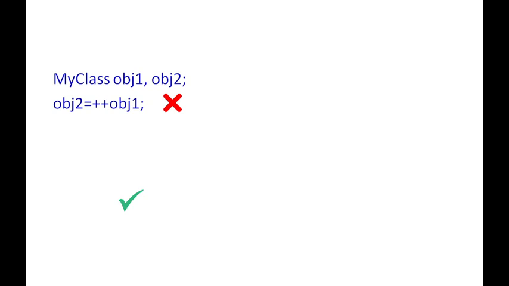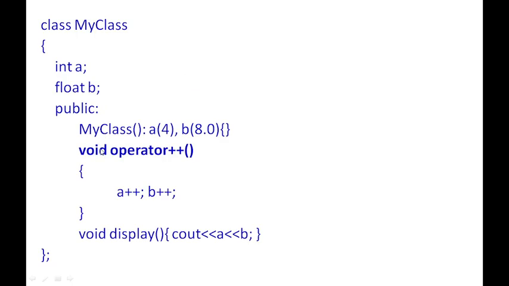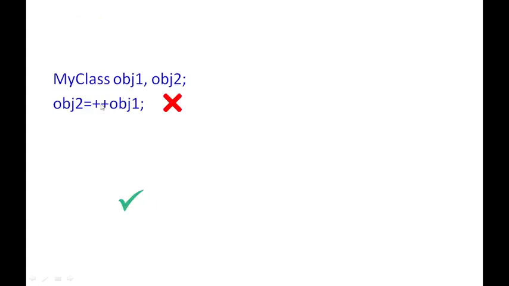I am trying the same here, but it won't work, because now this operator function has been defined as a void function. A void function does not return anything, and so we are trying to assign a void function's return value to a left hand object, which is incorrect syntax. So the compiler will not accept it.